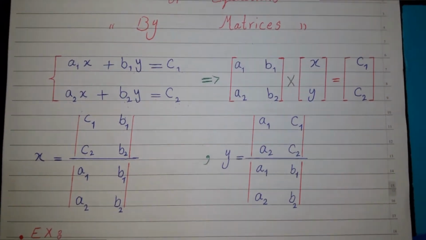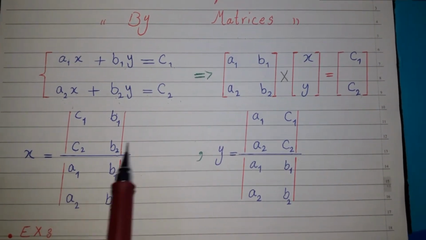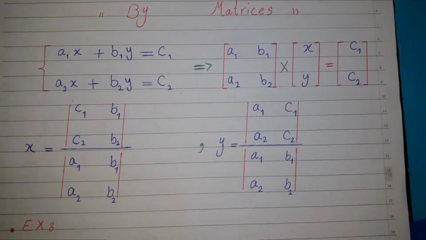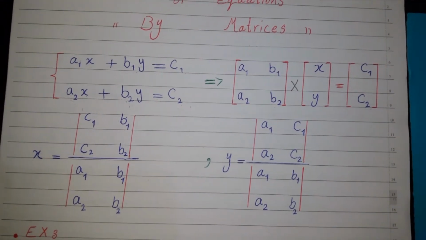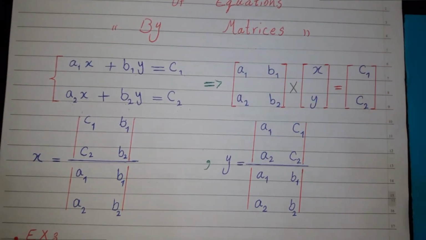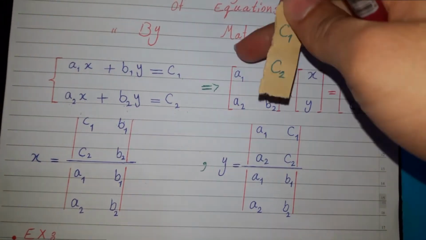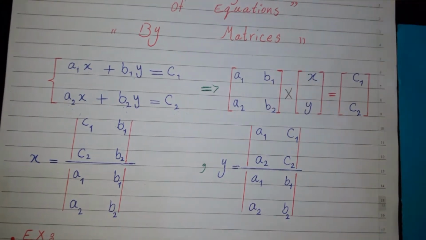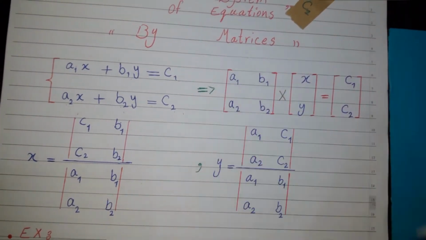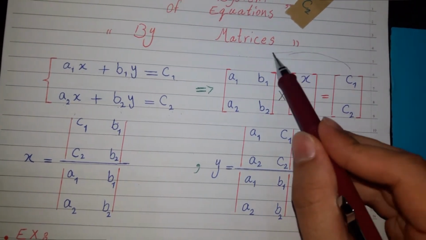In this method, there's a formula for finding x, which is a fraction. The denominator is the determinant of the matrix of coefficients, a sub 1, b sub 1, a sub 2, and b sub 2. The numerator comes from deleting the first column of the matrix of coefficients, so we ignore this column and replace it by the column vector matrix of constants.